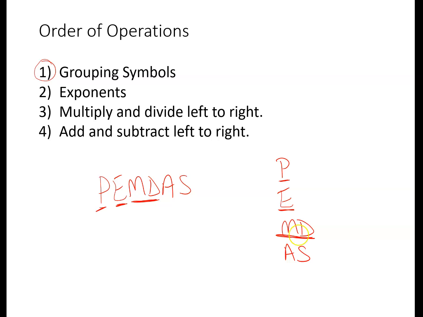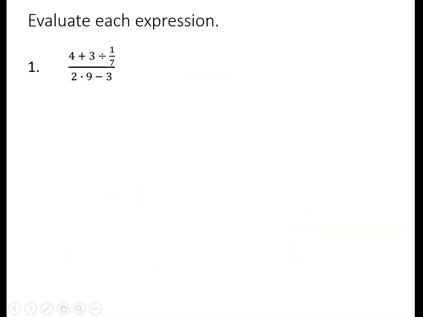So I know we've already done some examples with order of operations in 1.1. But those didn't have any fractions in them. So that's why we're coming back to this topic. Now that we've gone over operations with fractions, let's try some of these.